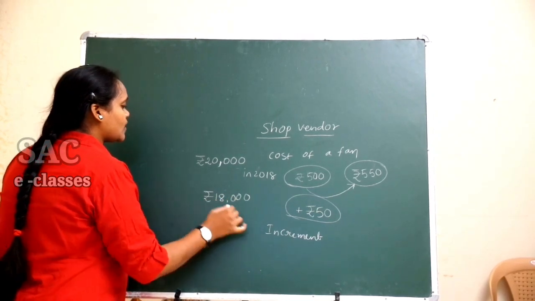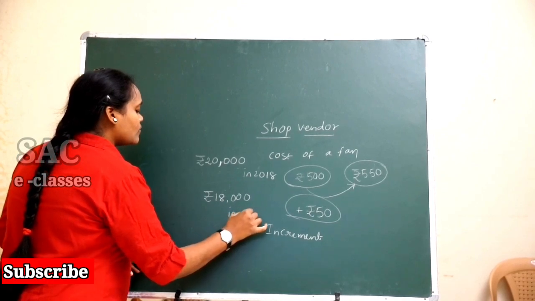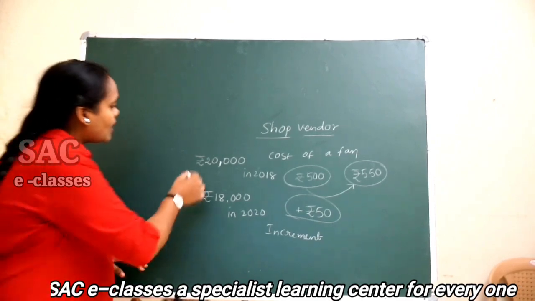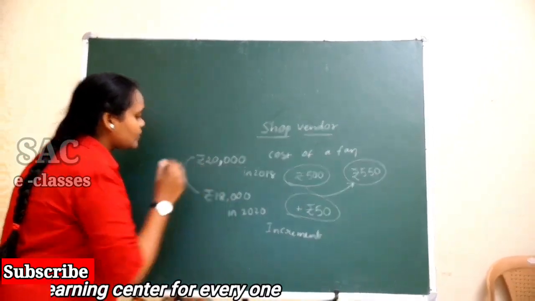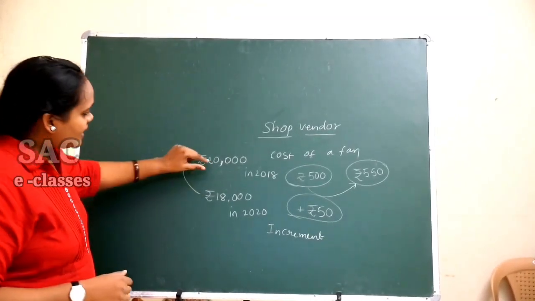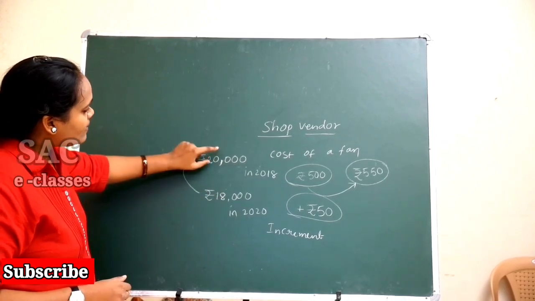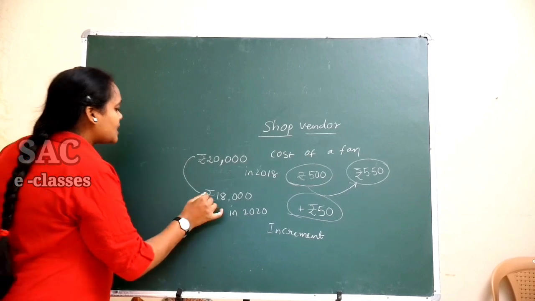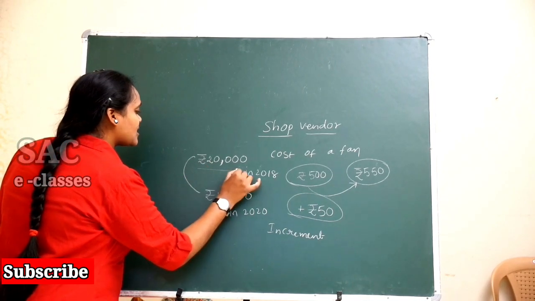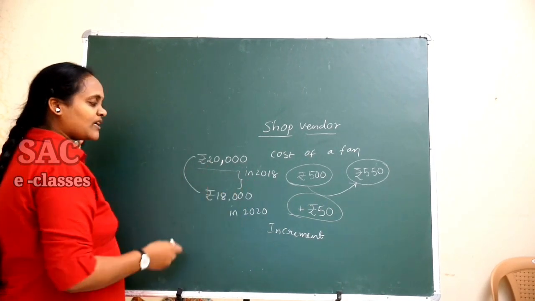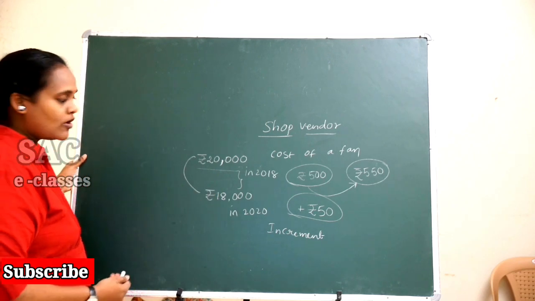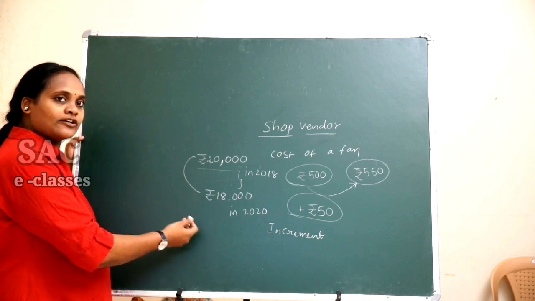So he has sold his scooter, but this year the price is 18,000 rupees. What have you observed? There is a change in the value of the scooter. Is the change a positive change or a negative change? Obviously the change is a negative change.